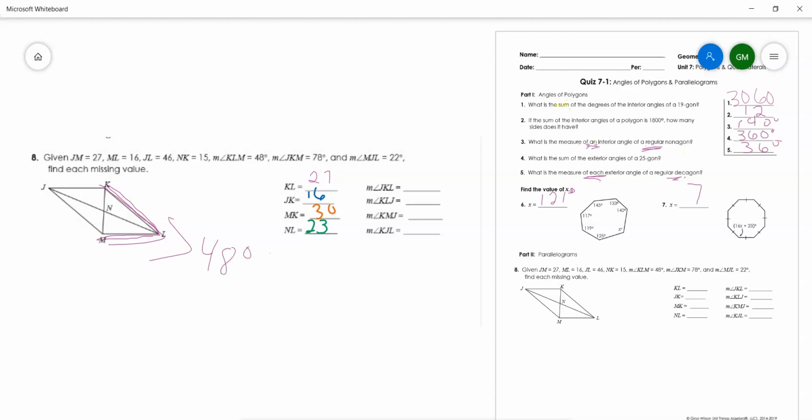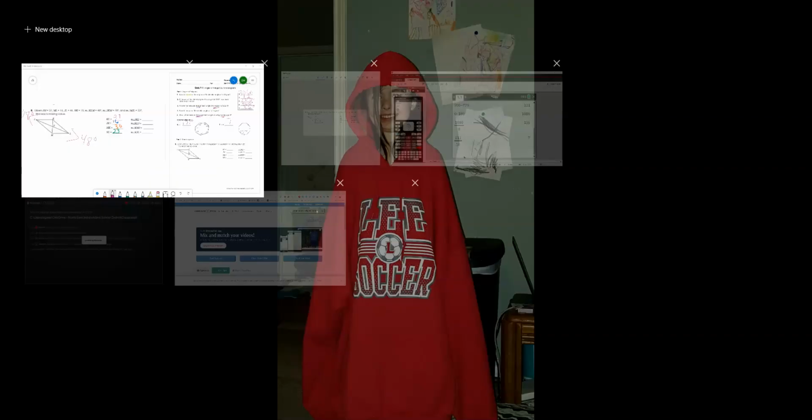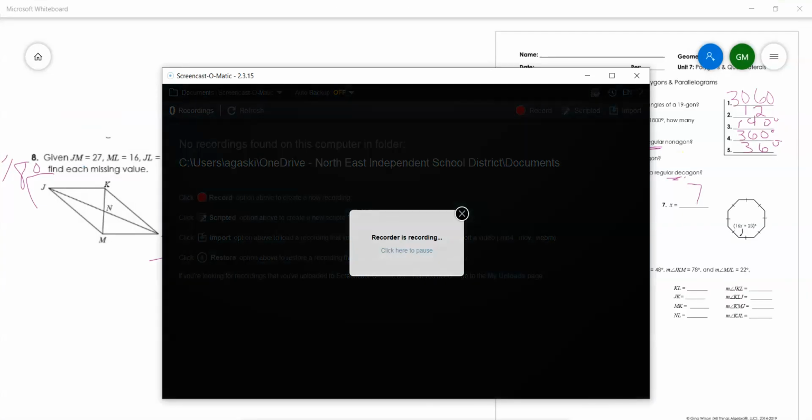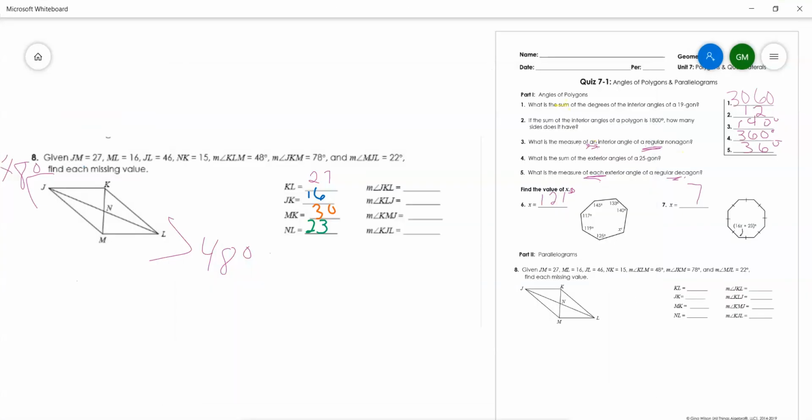So make sure you're following it. If that end is 48 degrees, then this end is also 48 degrees. So don't forget that.